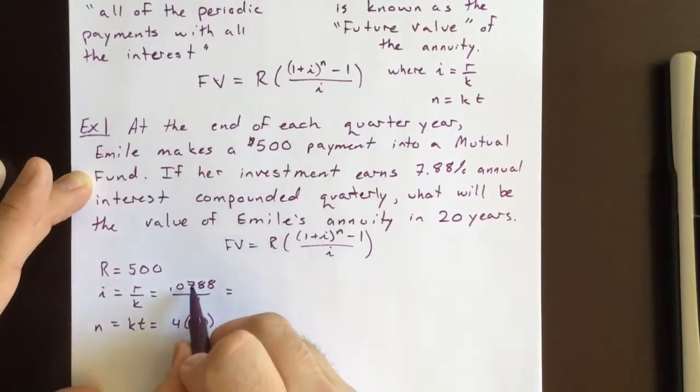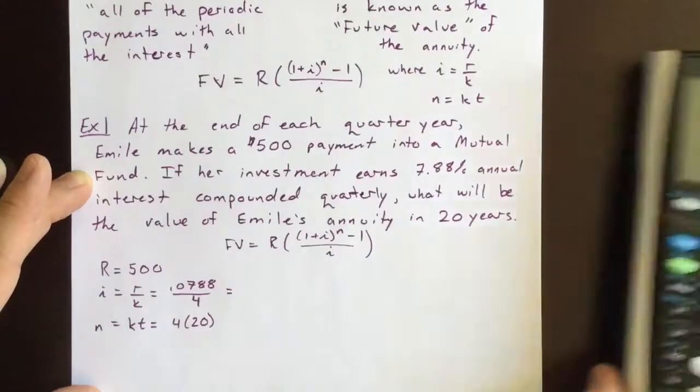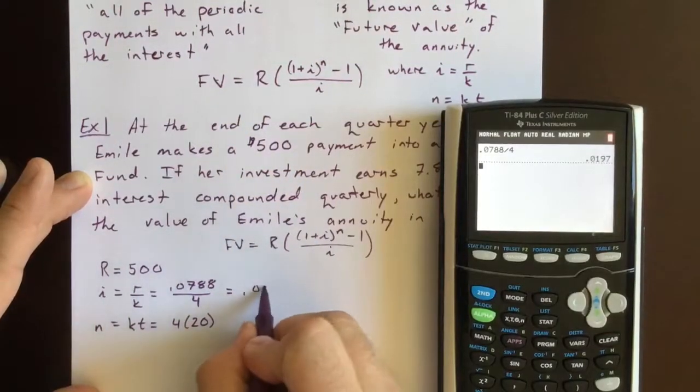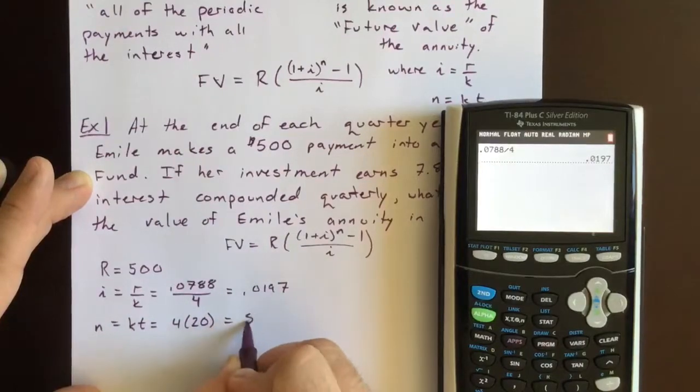So let's see, when we divide 0.0788 by 4 we get 0.0197.